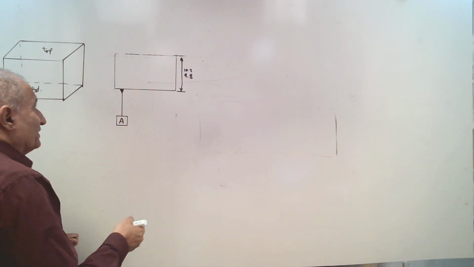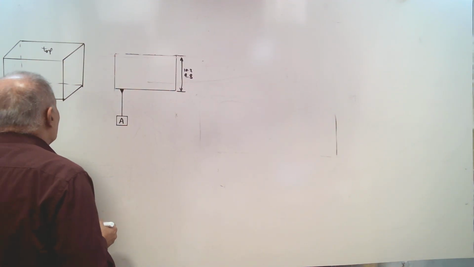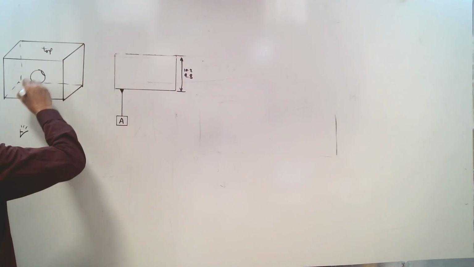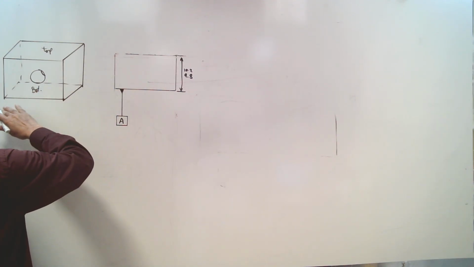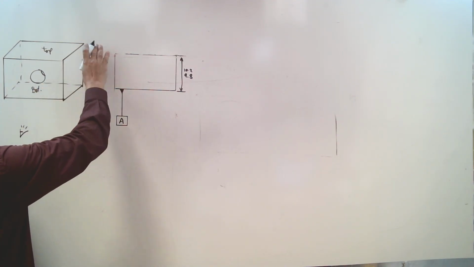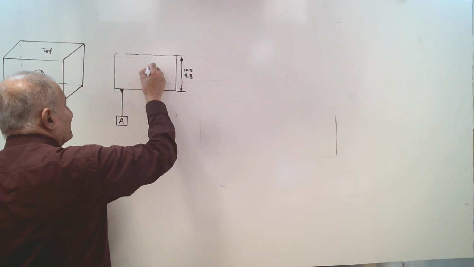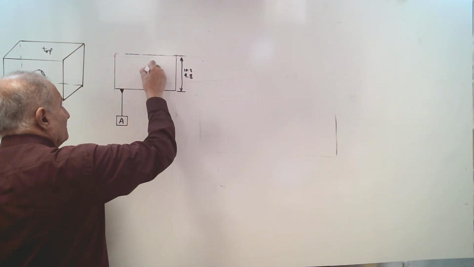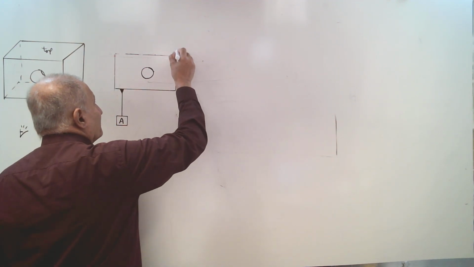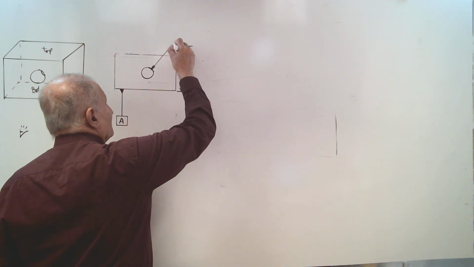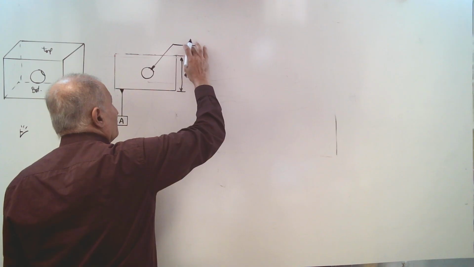First feature of size, assume that we have a hole here, a horizontal cylindrical hole. And if you look at this here, you just see a circle. And you must apply the tolerance for this hole.